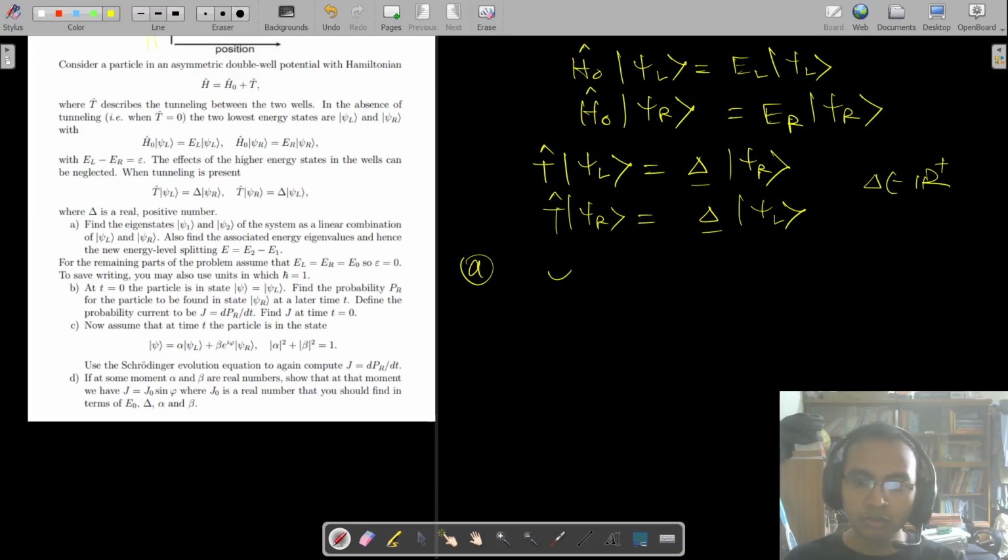So let's assume the eigenstates of the general Hamiltonian H to be psi, which gives us energy, let's say E tilde. Assume psi is written as a linear combination of psi L and psi R. The linear combination is thus.